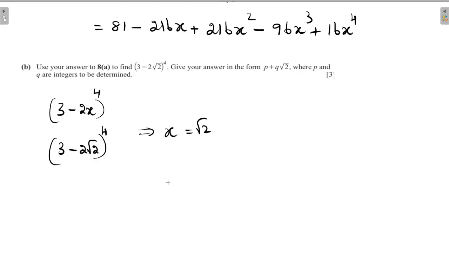Now we can replace x with √2 in the expression which we found already.